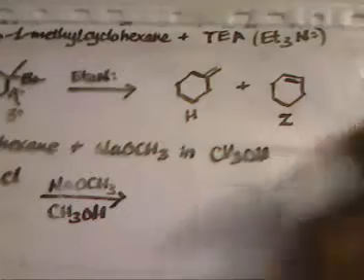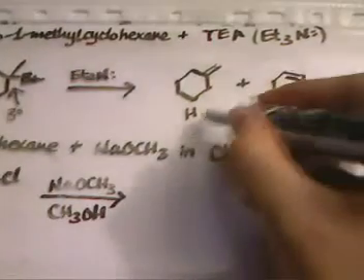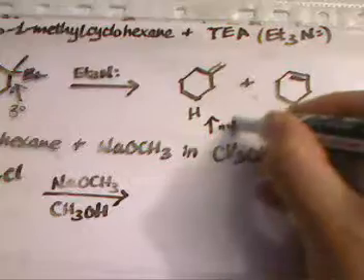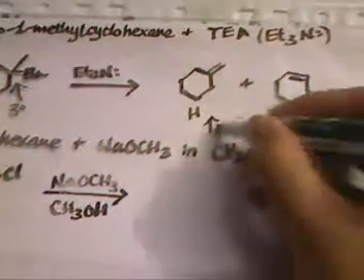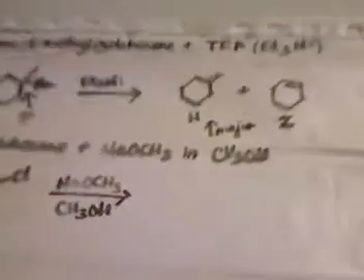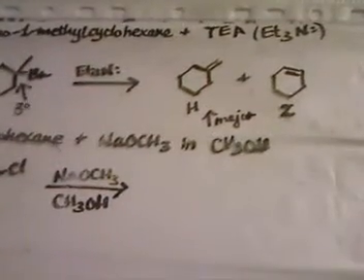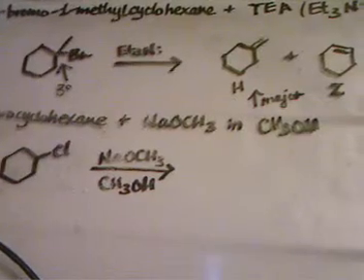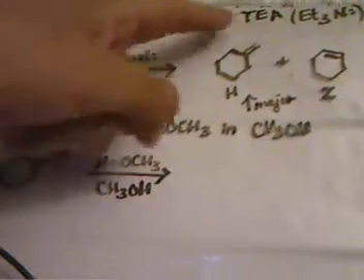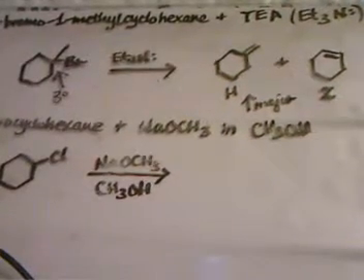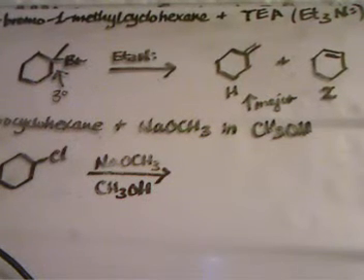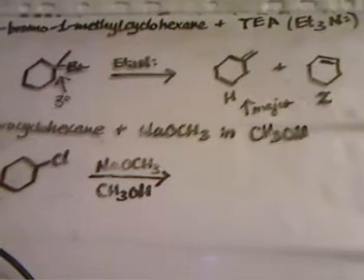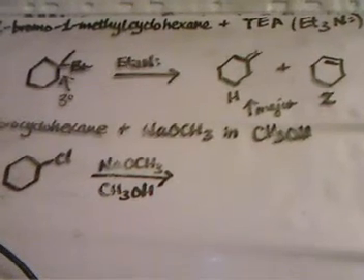Because we're dealing with a hindered bulky base, it leads to the Hoffman product in a greater amount. This will be the major product in this case. This was the answer to B. Because the triethylamine, being a hindered bulky base, will abstract a proton from a location that will lead to the formation of the least substituted alkene.